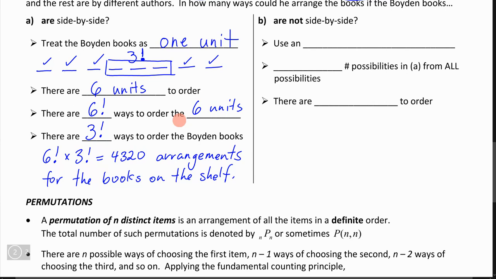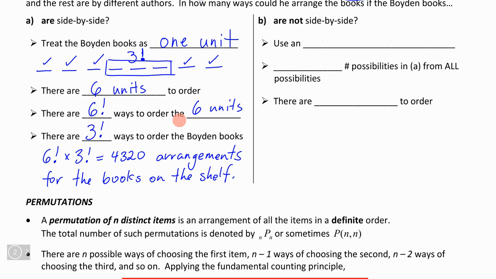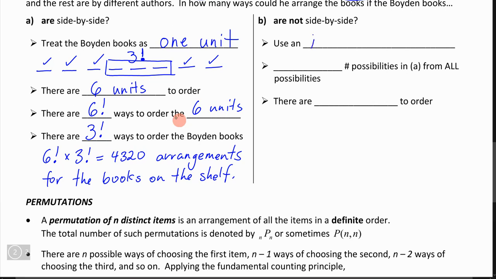Now, what if they're not side by side? Well, then we can use, again, what we call an indirect method. So we already know part A, that there are 4,320 arrangements of the Boyden books being side by side on the shelf.